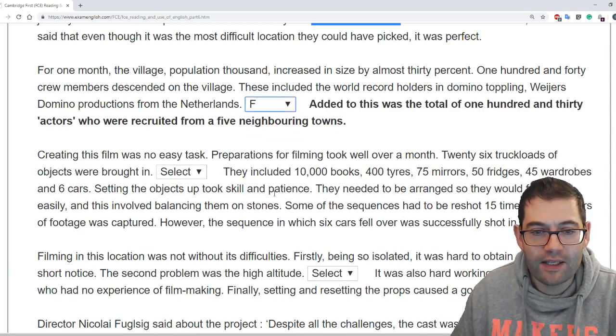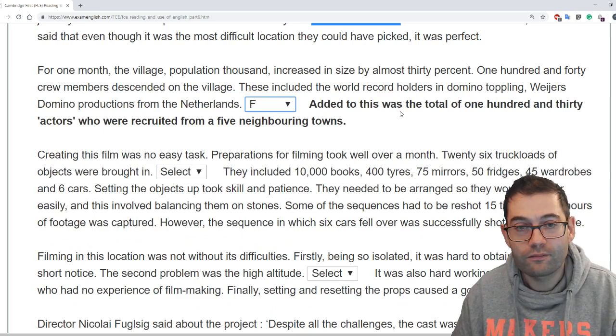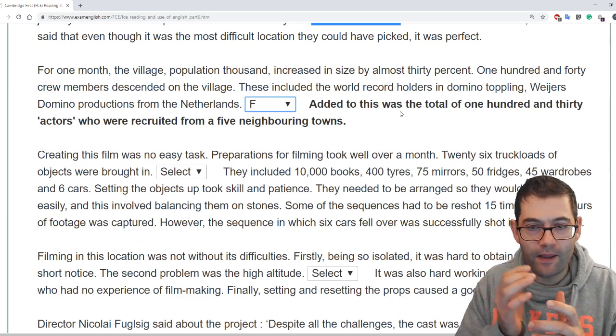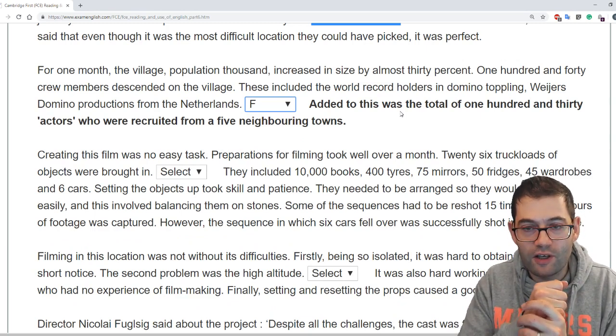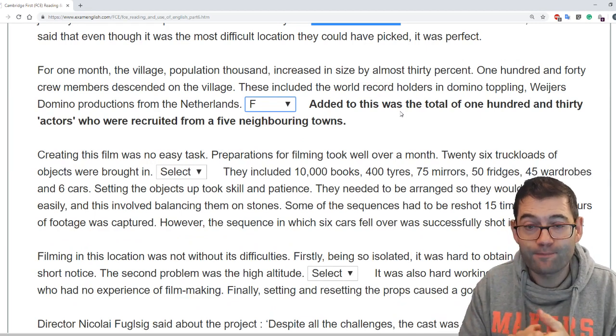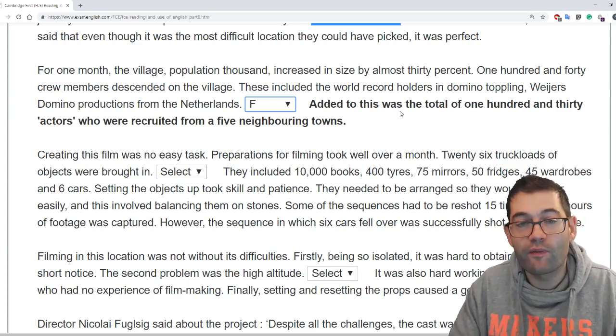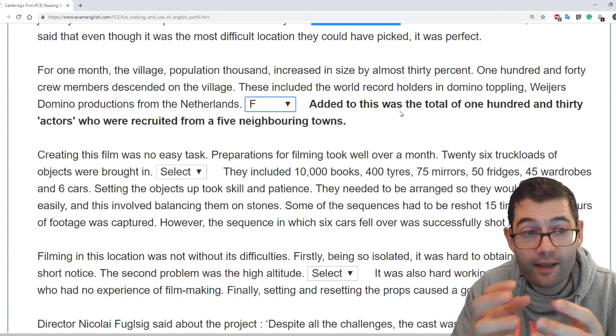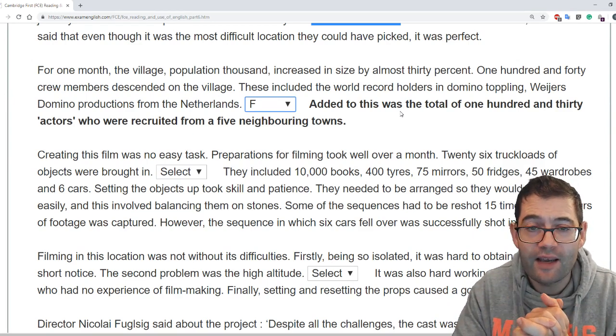And if we have a look at the answer, which is F, we see this. So we've got the world record holders in domino toppling, and added to this was the total of 130 actors who were recruited from 5 neighbouring towns. So we know why there were so many people in that village.